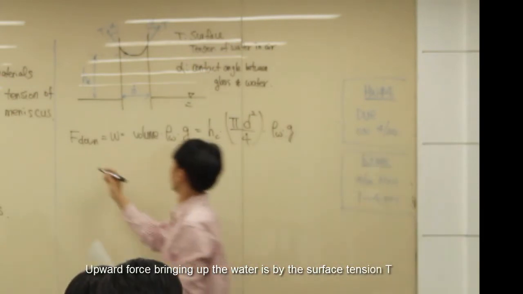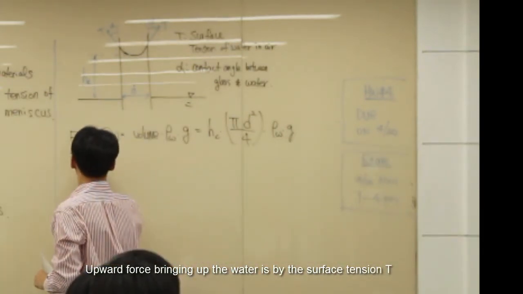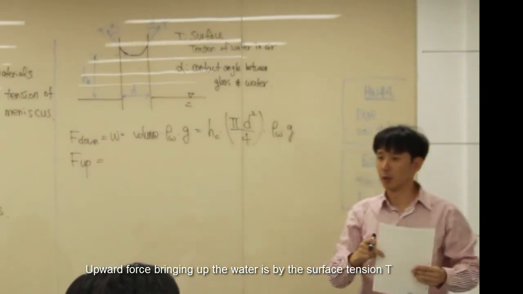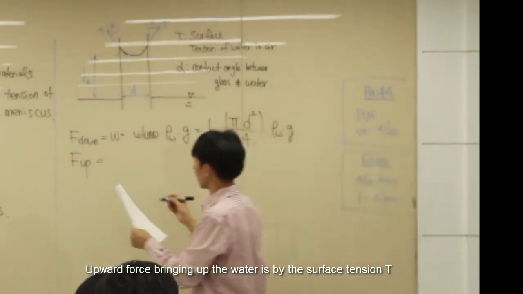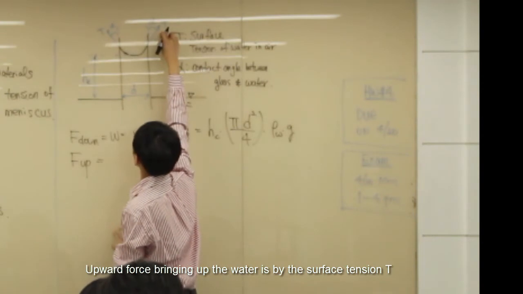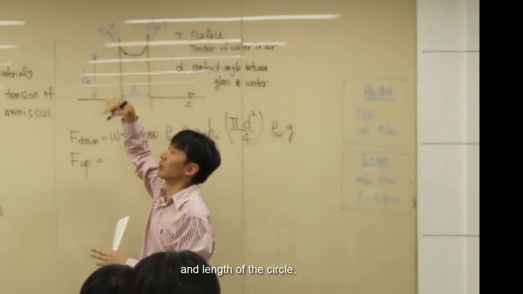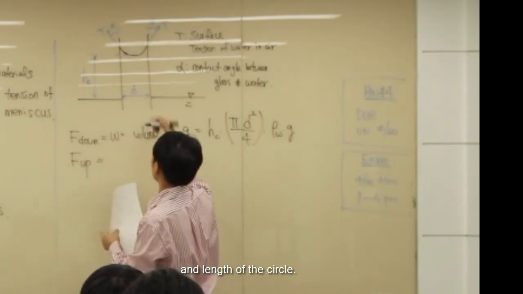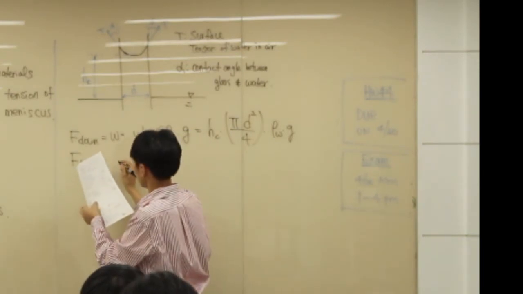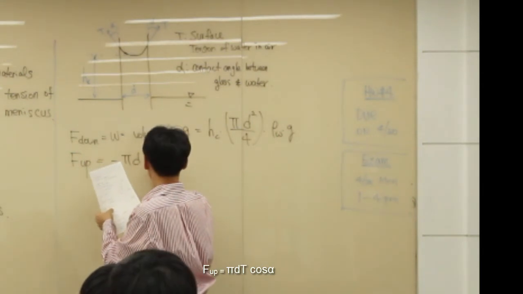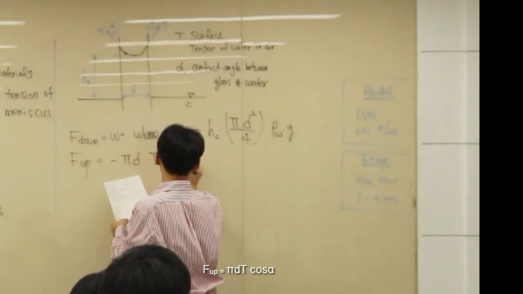And the upward force that's bringing up the water is by the surface tension, this T. And the length of this circle times T is the force: pi d times T cosine alpha.